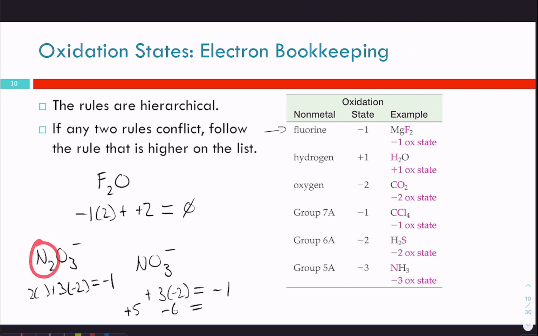We have 2 nitrogens, so you could think about, well, we need to get a total of +5 here, but we have 2 nitrogens, so you can divide that. I don't know if you can actually have half oxidation states. Now that I think about it, I've never seen a half oxidation state.